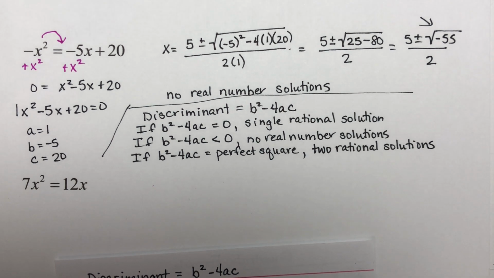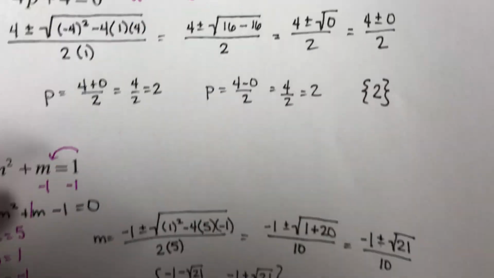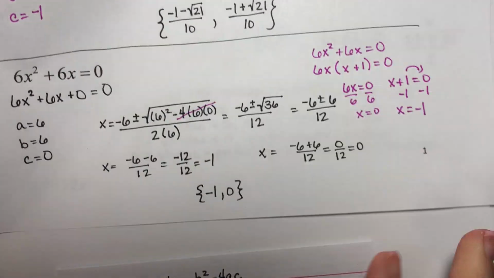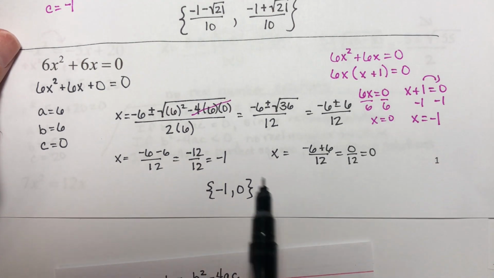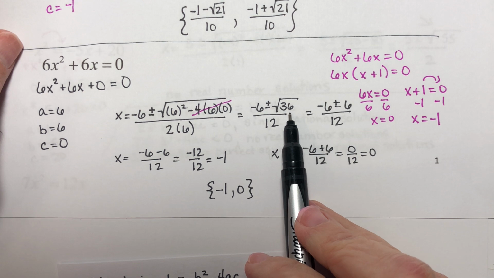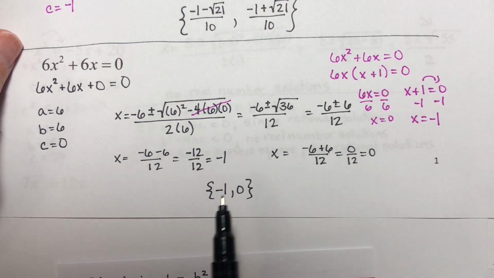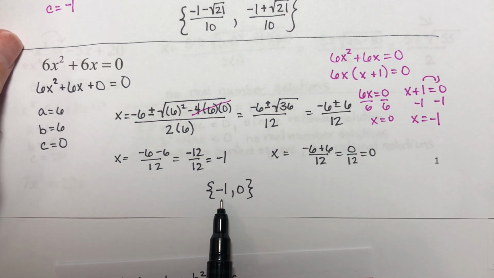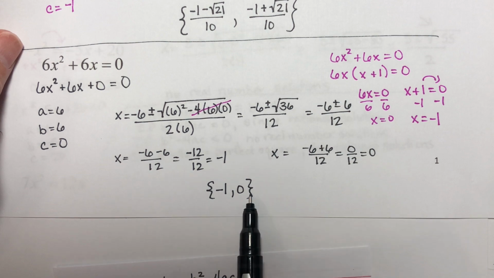Now let's look at this problem right here. The discriminant was 36. 36 is a perfect square. So when we did all this, we got 2 solutions, and neither of these has a radical still stuck inside, so I got 2 rational solutions.